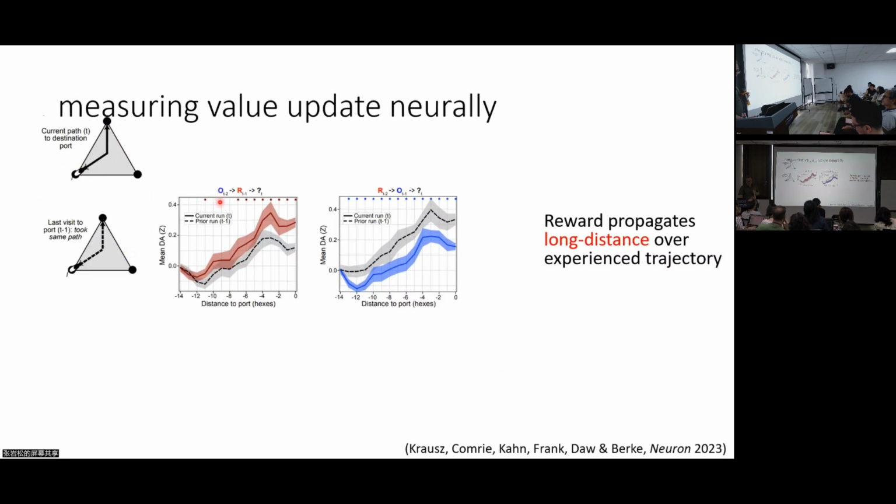On the first one, he's non-rewarded, and the second one, he's rewarded, or vice versa. And the idea is, if he's not rewarded and then rewarded, you see this value ramp as the animal approaches the port. It's lower after the non-reward, until he gets to the port. Now he gets rewarded, he runs it again, and now it's higher.